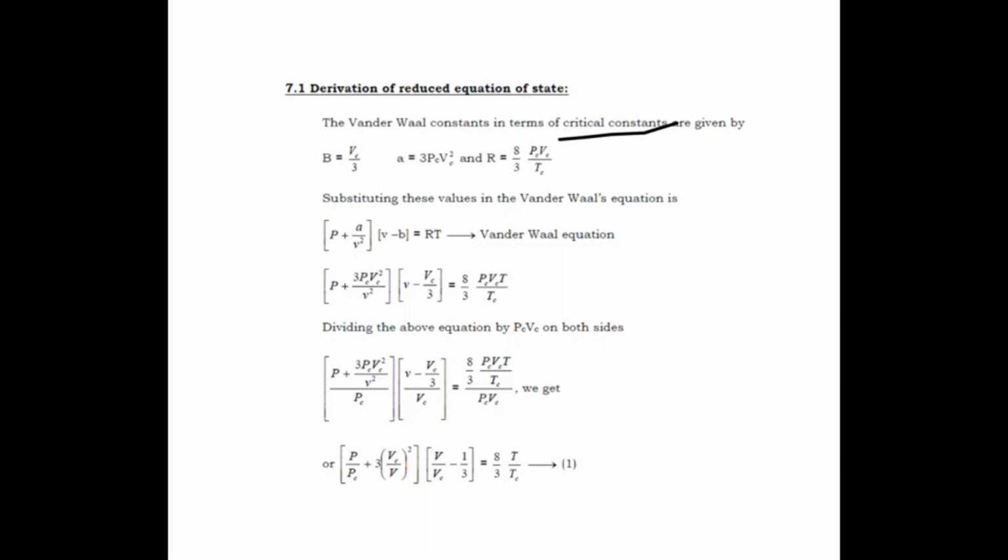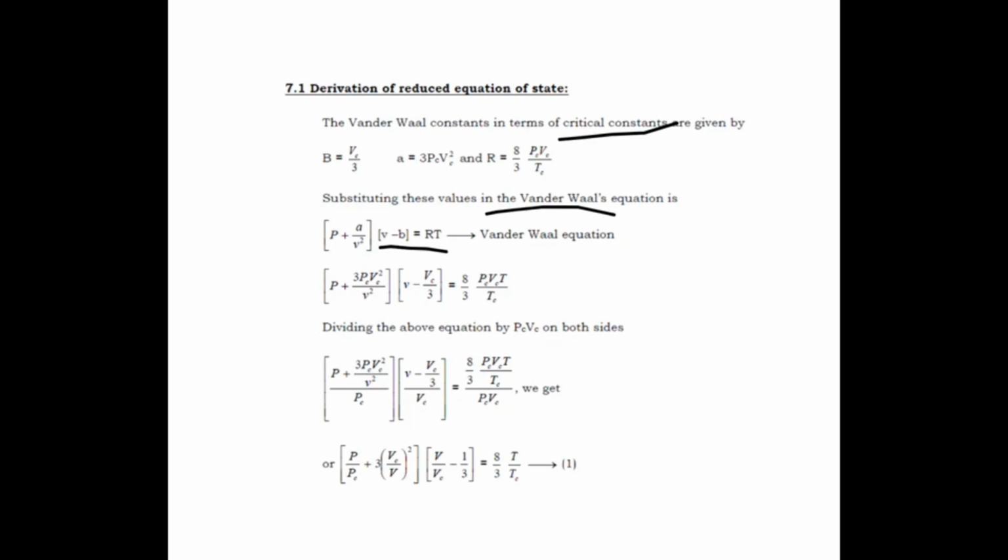So here the van der Waals equation can be denoted with P as pressure, and A and B are given constants. R is the universal gas constant. So substituting the values in the van der Waals equation, we get P plus A by V square into V minus B is equal to RT.